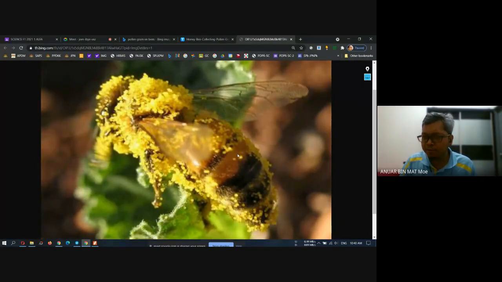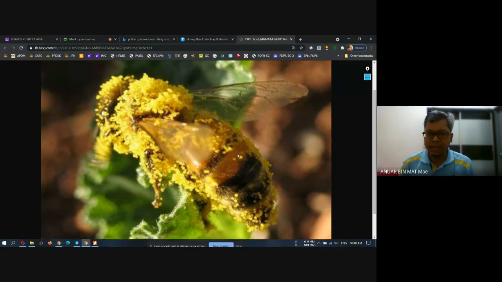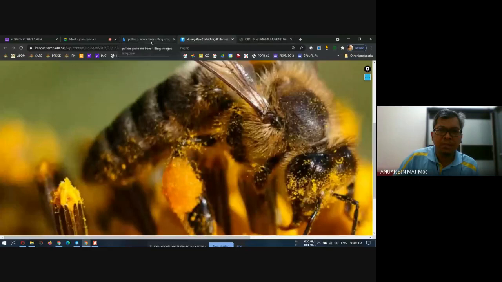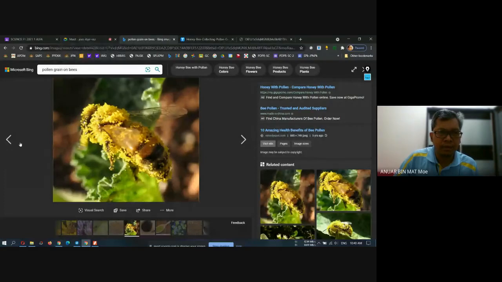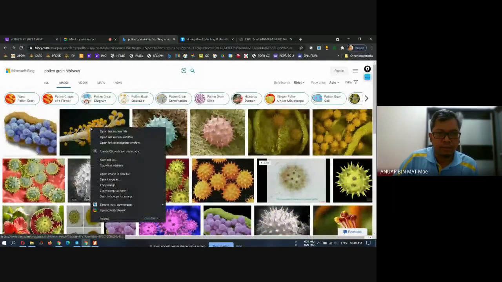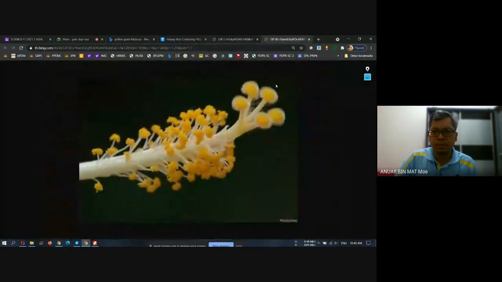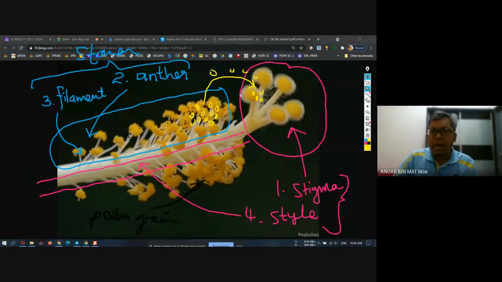Pollen grain from where? From anther. And if you still remember the picture over here, how does the pollen grain transfer from the anther to the stigma?